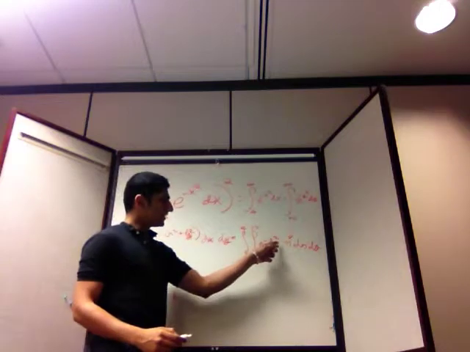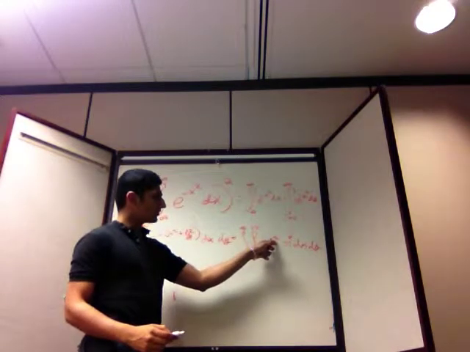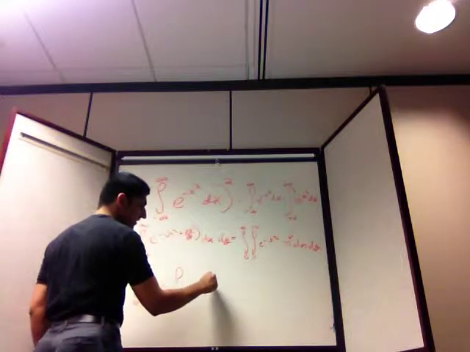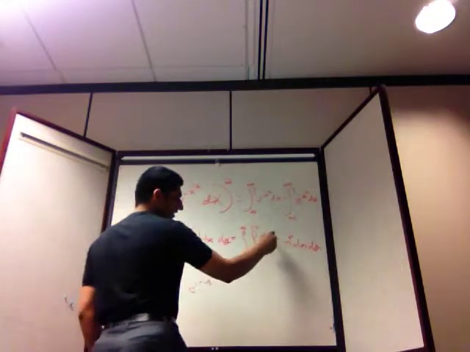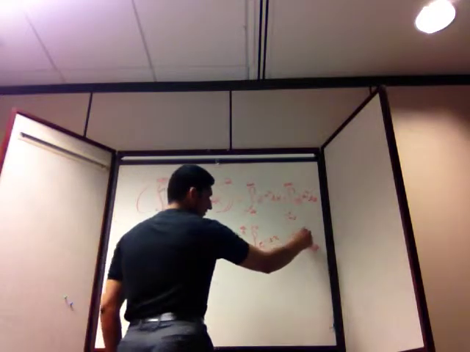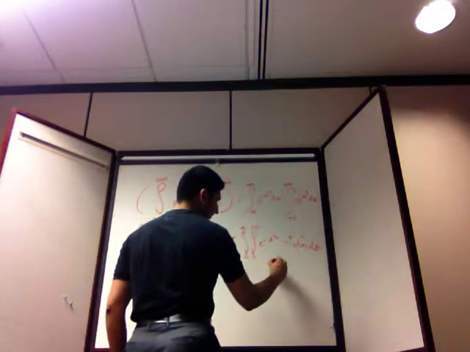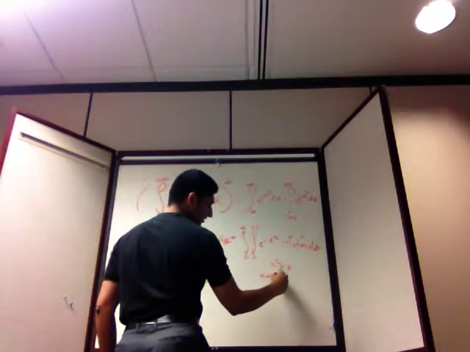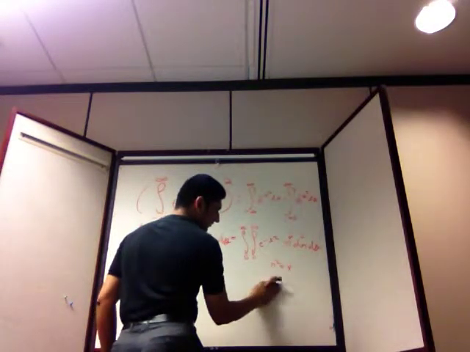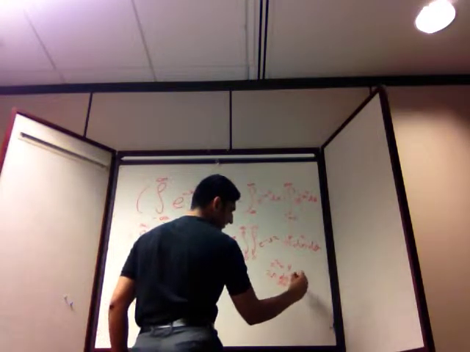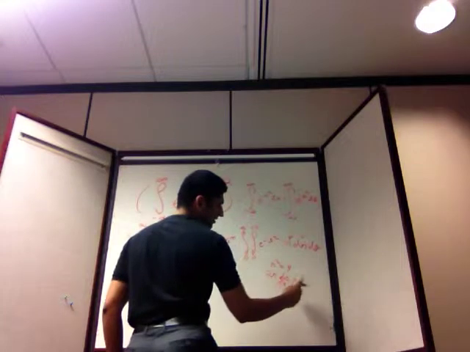Now what if I write r squared as s, right? Now that'll give me e to the negative s, and dr is, so if r squared equals s, then 2r dr by ds equals 1.